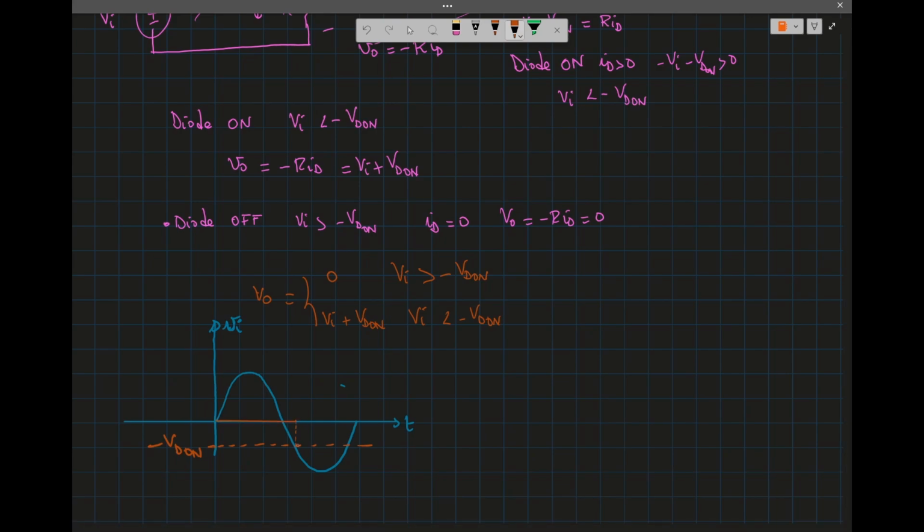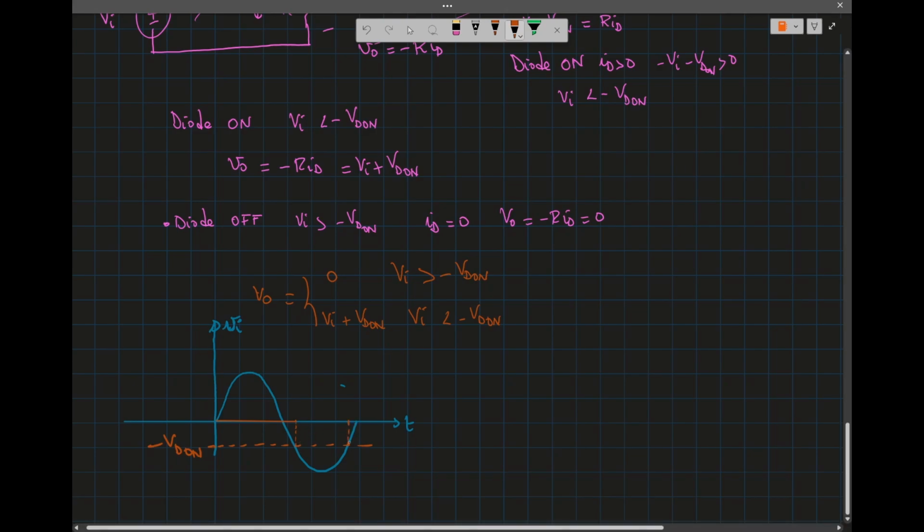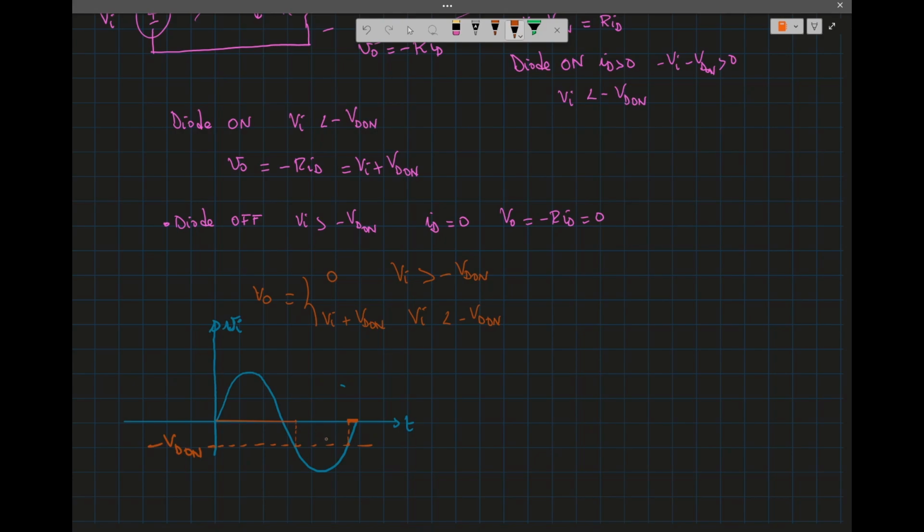Then also here, V_I is bigger than minus V_D(on), so it's 0.